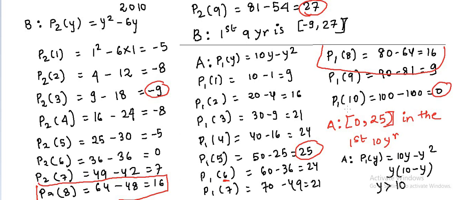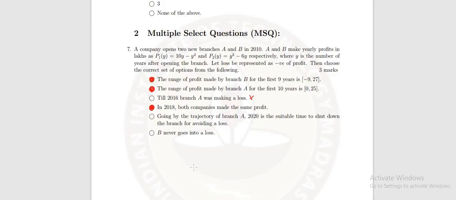Which year does this represent? Add this to 2010, it will give you 2020. So company A should shut down the branch to avoid the loss in 2020. So this option is also correct.